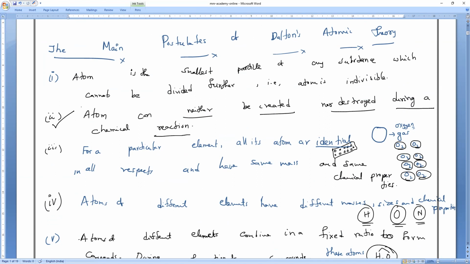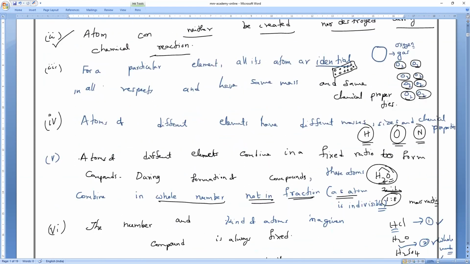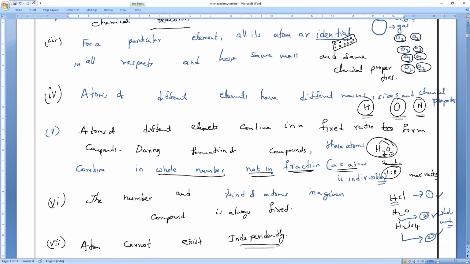So, explanation of laws of chemical combination by Dalton's atomic theory. Next, the second one, the law of constant proportion. Which one, everybody? Which point, guys? The fourth one, or the fifth one?